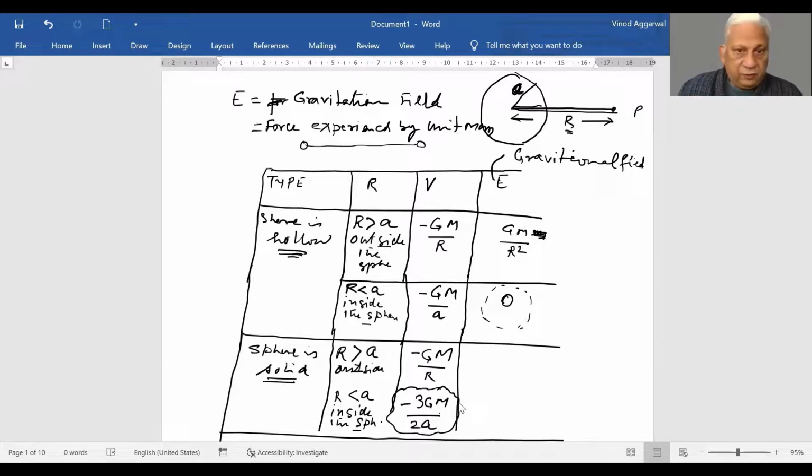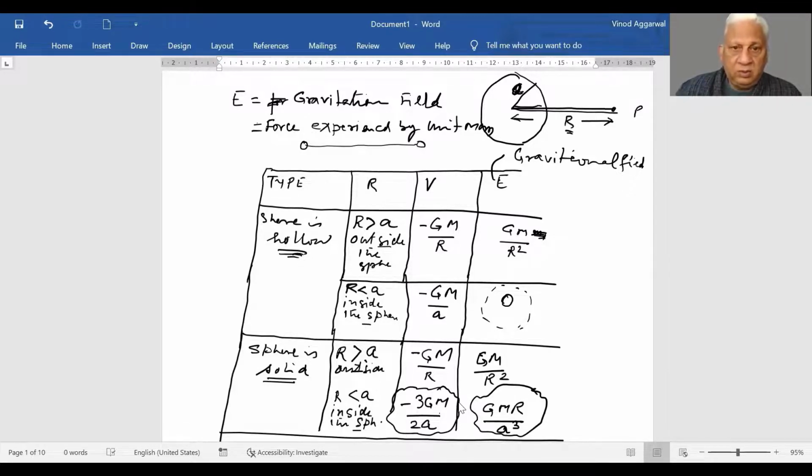Now, in case of solid sphere, when you are outside the sphere, your E will be again Gm by r square. And if you're inside, it is Gm r by a cube. Again, we are not going into the derivation of this for the sake of simplicity.